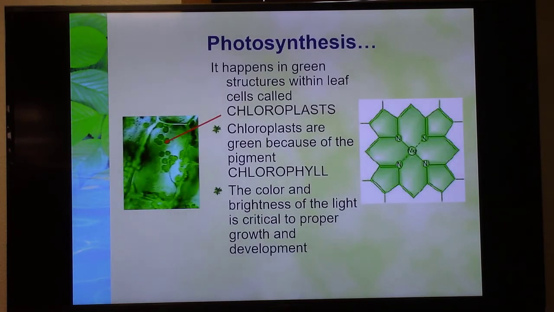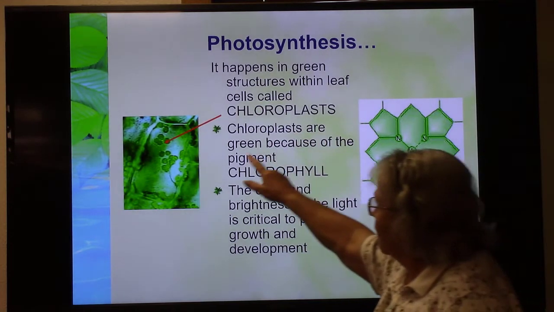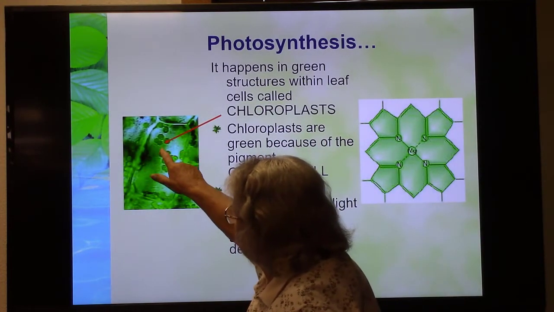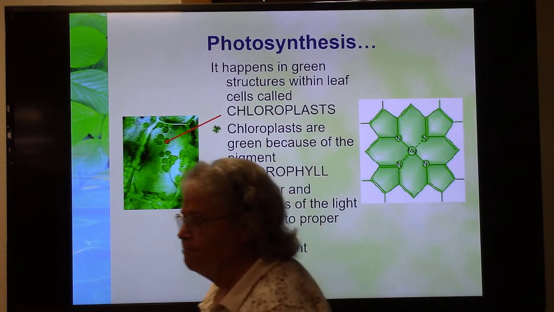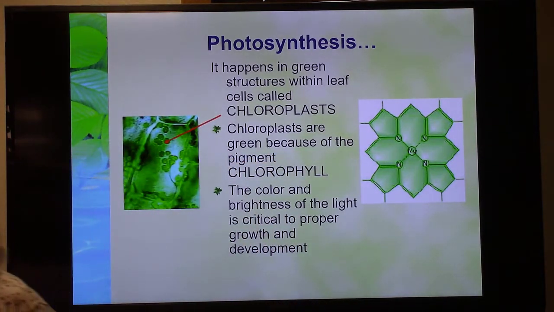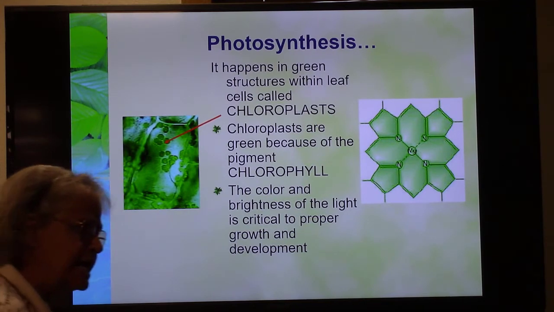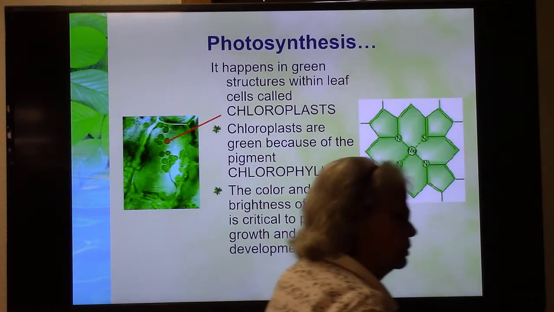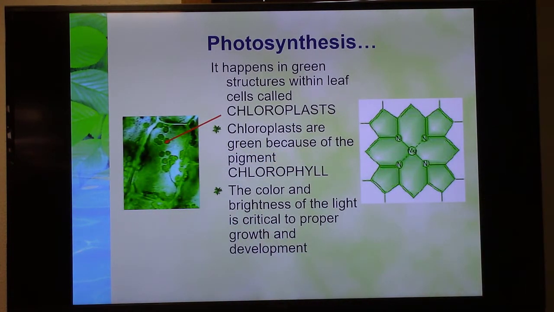Now, where does it happen? Usually in a leaf, in those little green things called chloroplasts. And if you were looking at a leaf under a microscope, it might have several hundred in each cell. If you looked at each one in detail, you find it's green because of this chemical, chlorophyll.